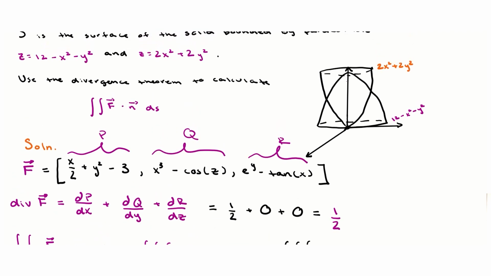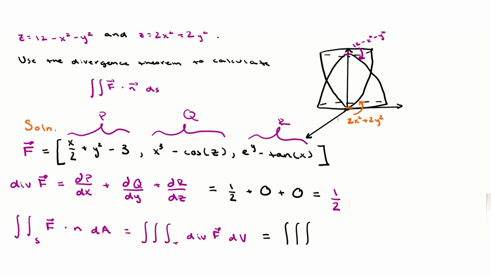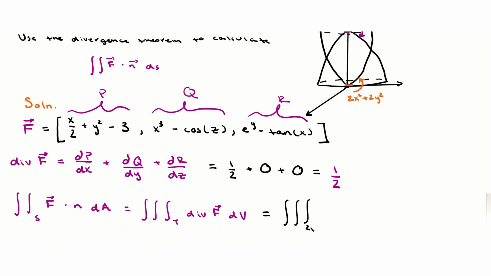Now if we take a look at the two paraboloids that we graphed, and I'm actually going to switch these around to better illustrate this, 2x squared plus 2y squared is our lower bound, and 12 minus x squared minus y squared is our upper bound. So our integral is bounded by 2x squared plus 2y squared as the lower bound, and 12 minus x squared minus y squared for the upper bound. Now again, this is the triple integral of our divergence, which is 1/2.